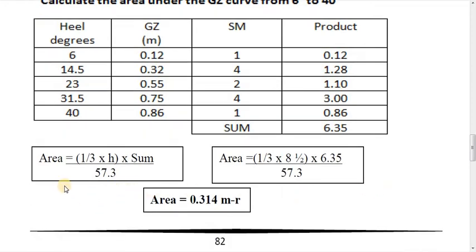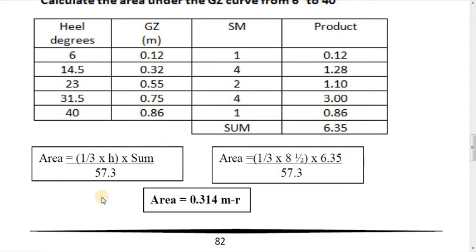Area is equal to 1/3 times h, the common interval, which was 8.5 meters, multiplied by the sum, 6.35, over 57.3, a fixed value to convert degrees to radians. 1 radian is equal to 57.3 degrees.